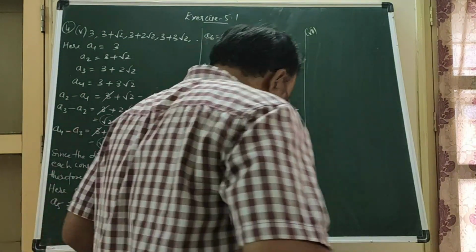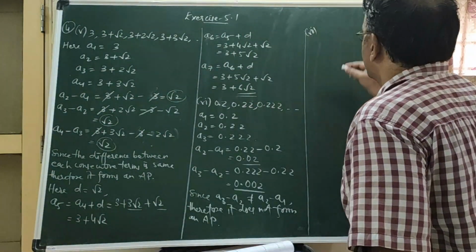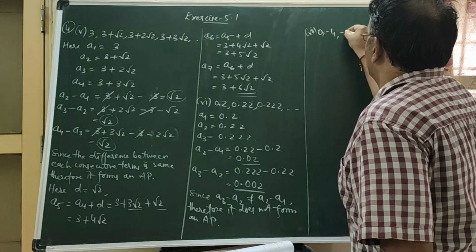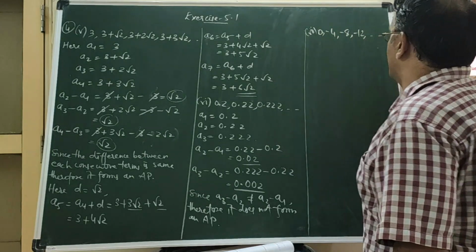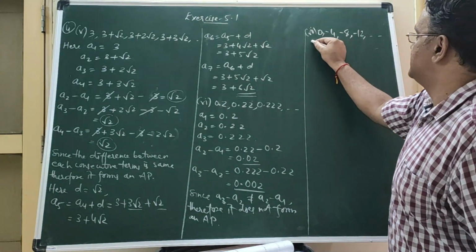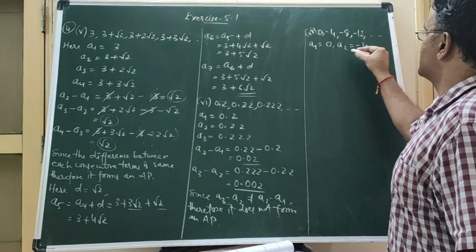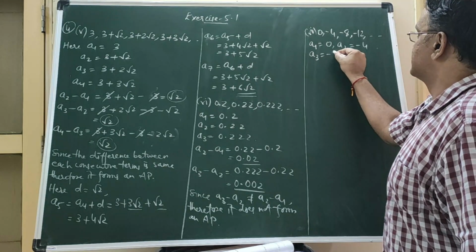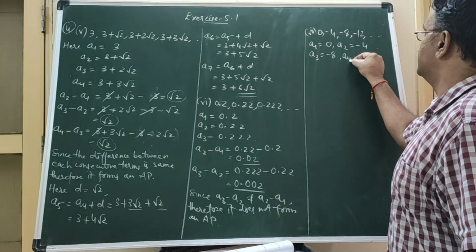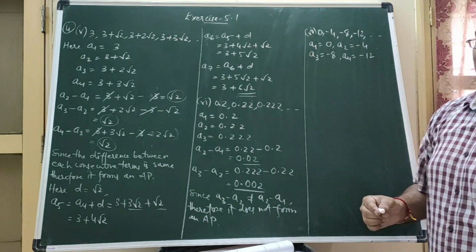0, minus 4, minus 8, minus 12, and so on. So what is the first term here? 0. The second term is minus 4, the third term is minus 8, and the fourth term is minus 12. Right?